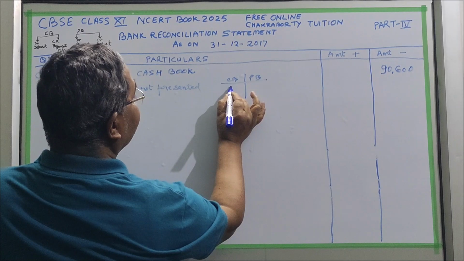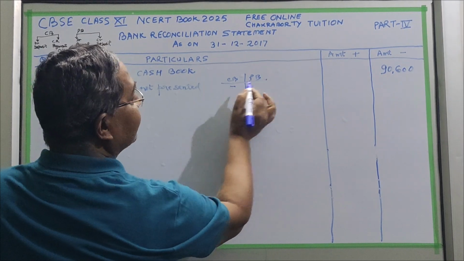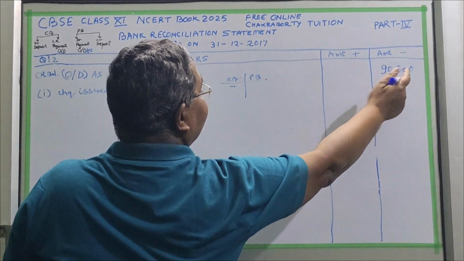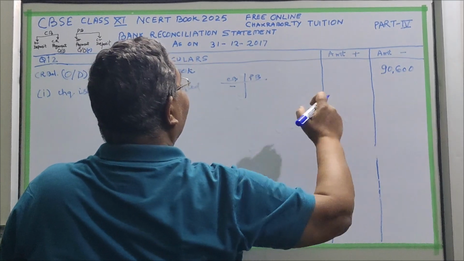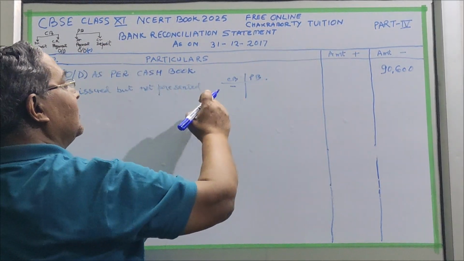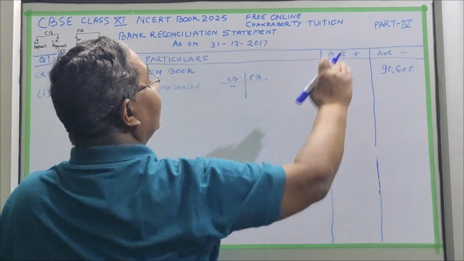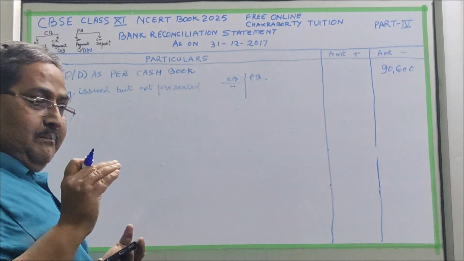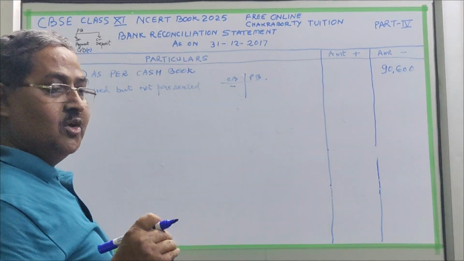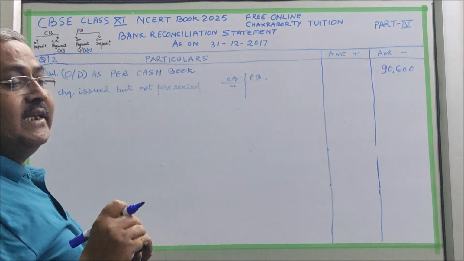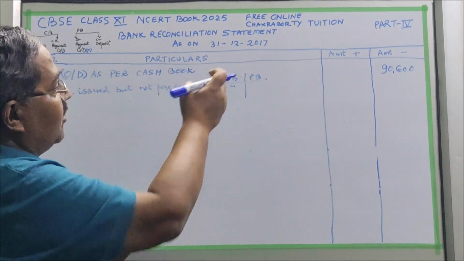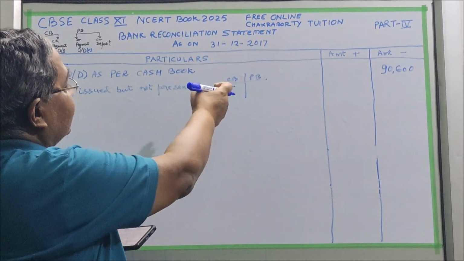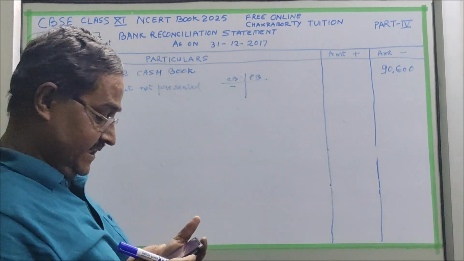So to increase, the businessman might have done the minus entry, because only a minus entry can make the overdraft increase. If you put a minus, then only it will increase. When a check is issued, the bank is in overdraft position, so your loan amount will increase. So how to increase the minus-based entry? By doing the minus only it can increase.